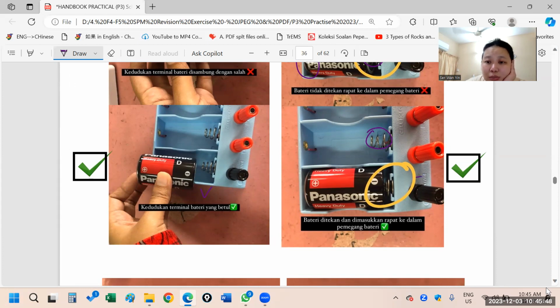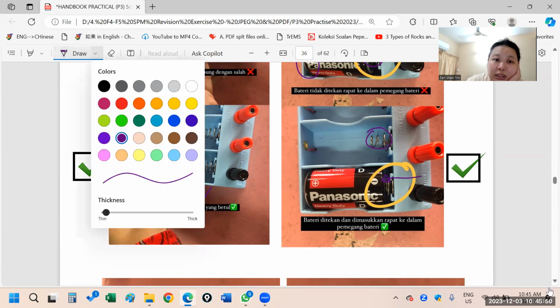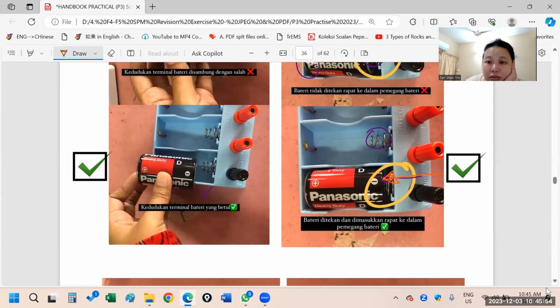So make sure you push. Make sure you use your thumb. Push it from the spring side towards the positive side. Push, so that this one will be tight.